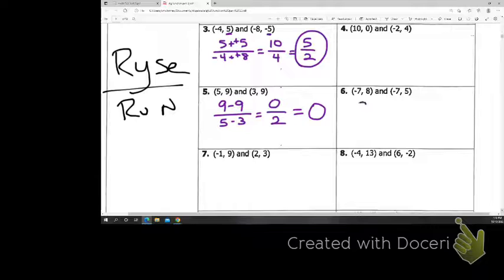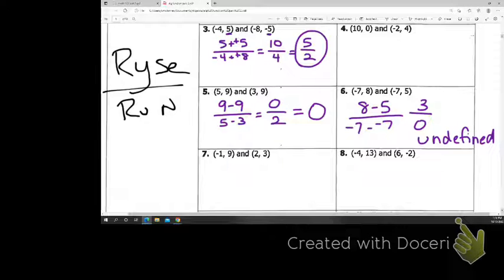In contrast, 8 minus 5, negative 7, subtract negative 7, 3 is now on the top, 0 is on the bottom, and I know that that is undefined.